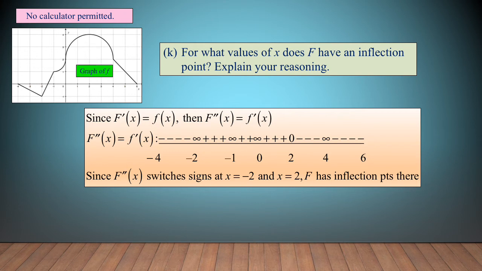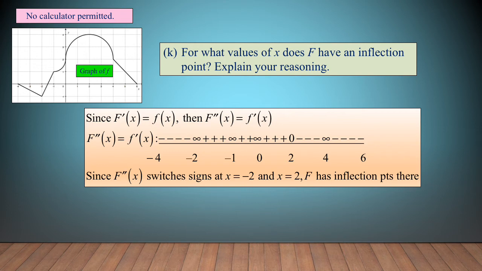So since capital F double prime of x switches signs at x is equal to -2 and x is equal to 2, then capital F has inflection points at those locations. Note that although at x is equal to -2, f double prime of -2 is infinite, this does not change the fact that there is an inflection point there.